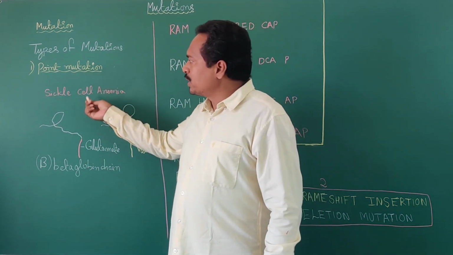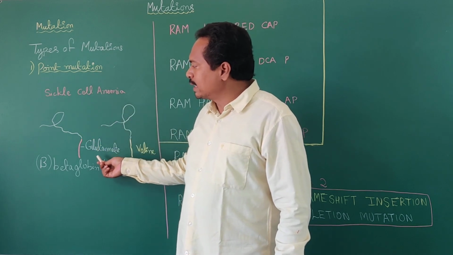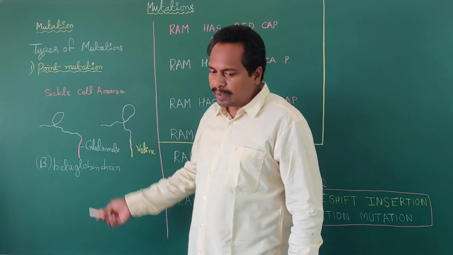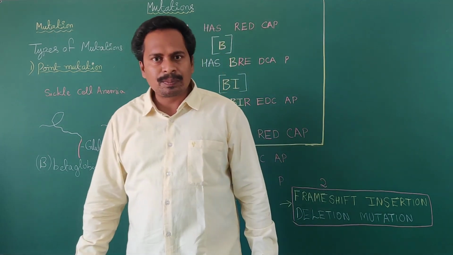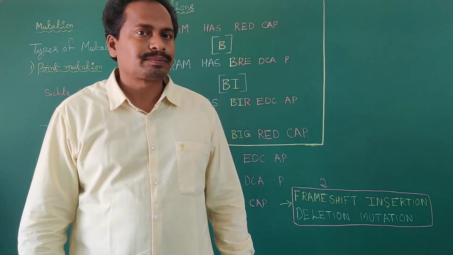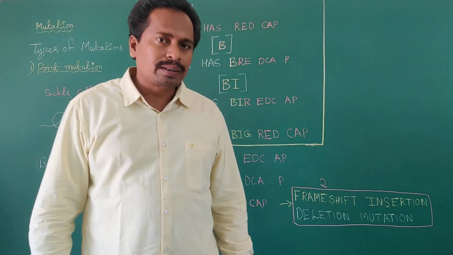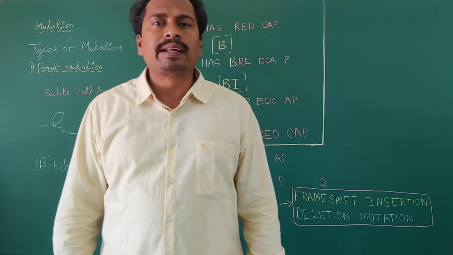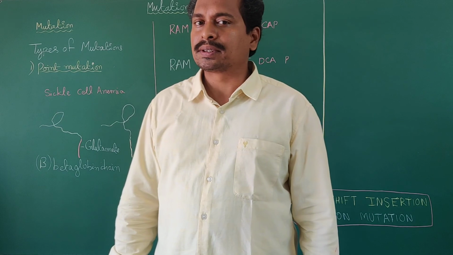Point mutation is caused due to a change in a single base pair. Each base pair consists of how many nitrogen bases? Two bases. Okay? You have already learned about the structure of the DNA molecule and different types of RNA molecules.